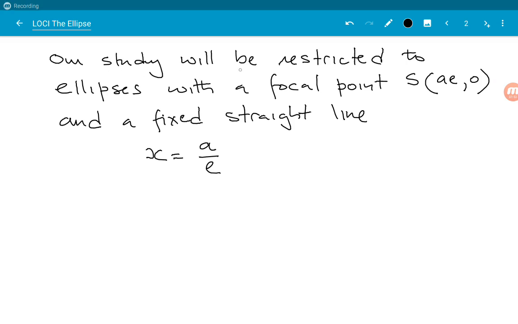Our study will be restricted to ellipses with a focal point called S with coordinates (ae, 0) and a fixed straight line with equation x equals a divided by e, where a is some real number.